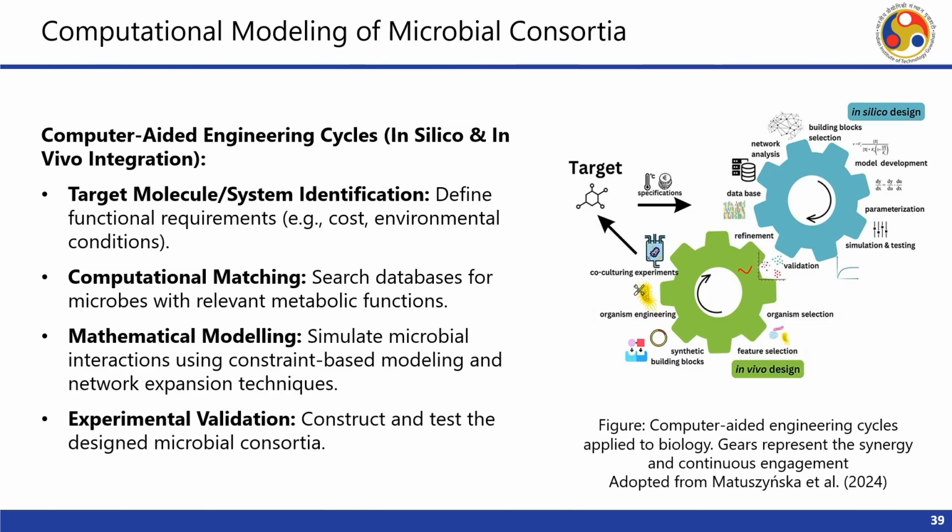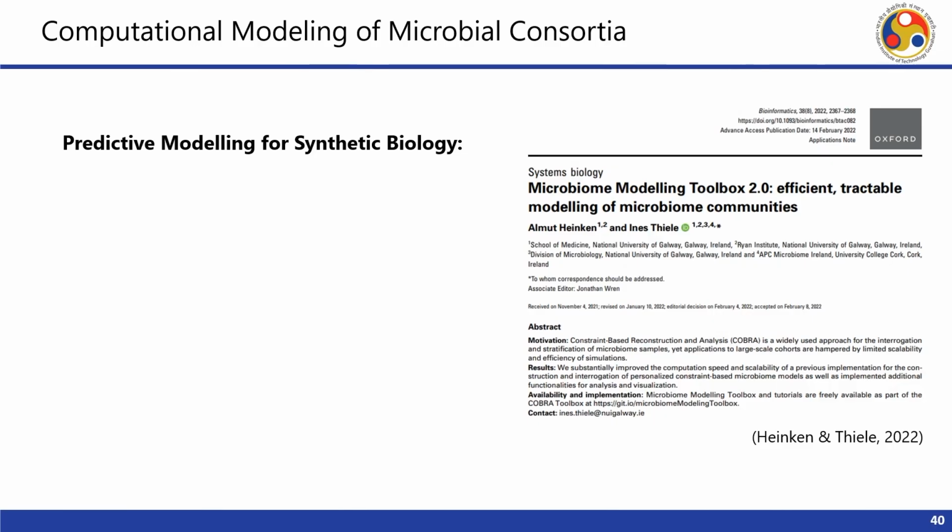And finally, we validate this model, construct and test the designed microbial consortia. So, there are various steps involved in it and also various resources required for carrying out this computational modeling for microbial consortia, but these actually help us in developing very efficient consortia.